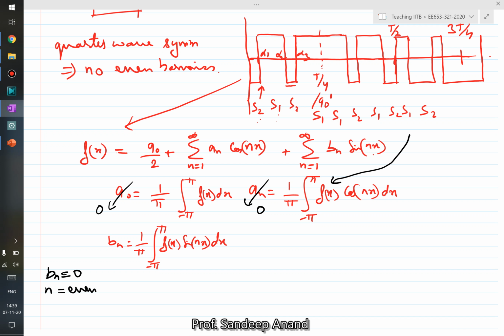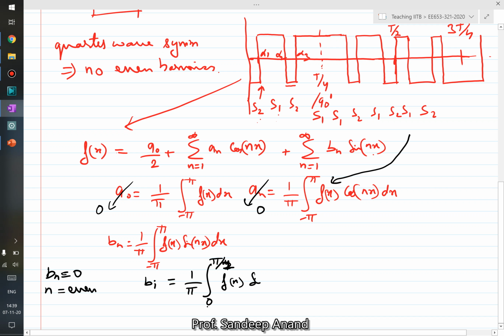For example, let's say b3, right? So let's try to find, for example, b3 or maybe b1 also. Let me just call it bi. So bi is 1 upon pi integral, because of symmetry you can write 0 to pi by 2, f of x sine of ix dx, right?